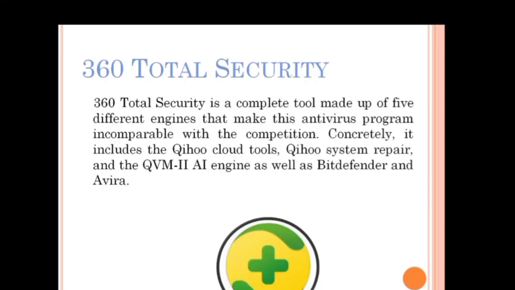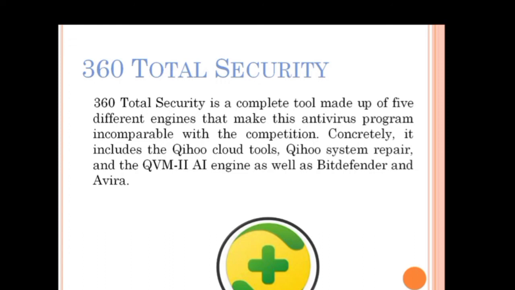Now, the next and most popular antivirus software is 360 Total Security. 360 Total Security is a complete tool made up of 5 different engines that make this antivirus program incomparable with the competition.